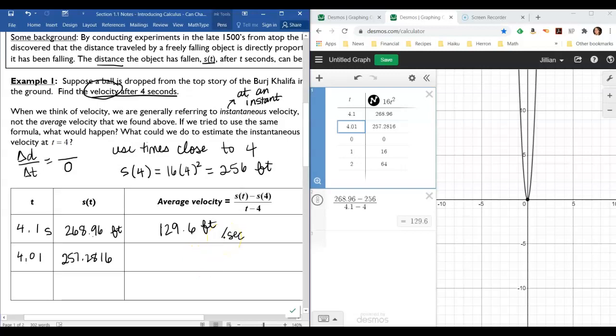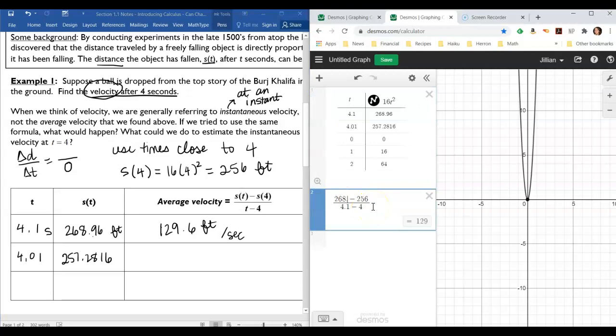And then I can change my average velocity. I can just go down to the same formula and just change those numbers. All right, and I get 128.16 feet per second.